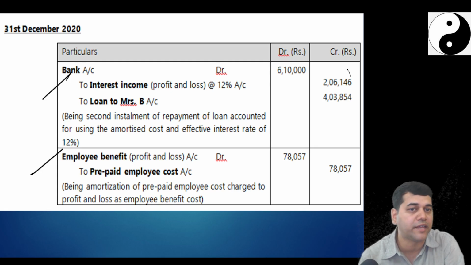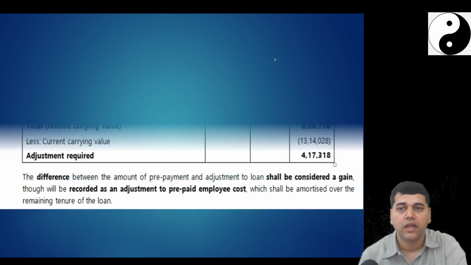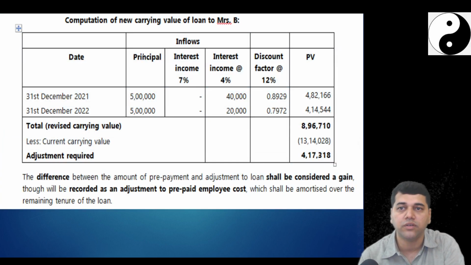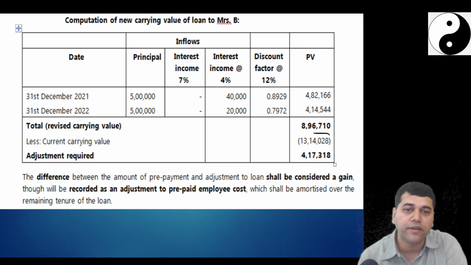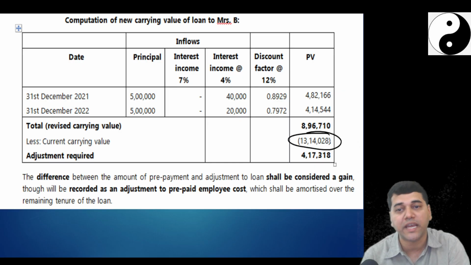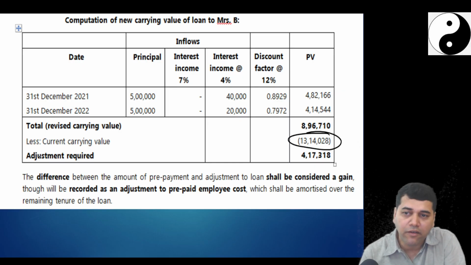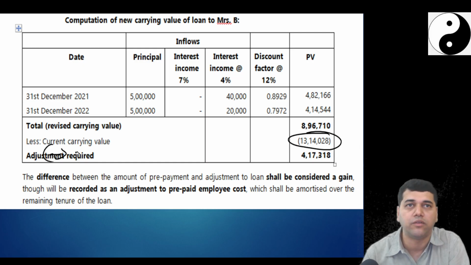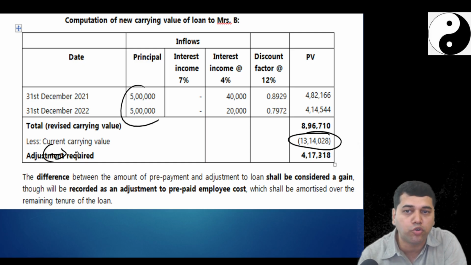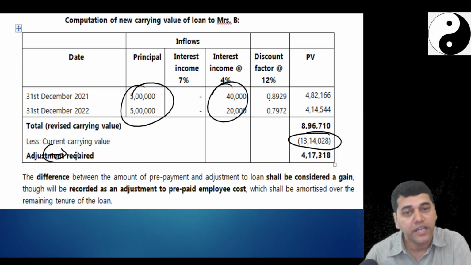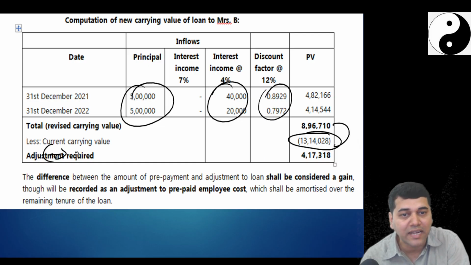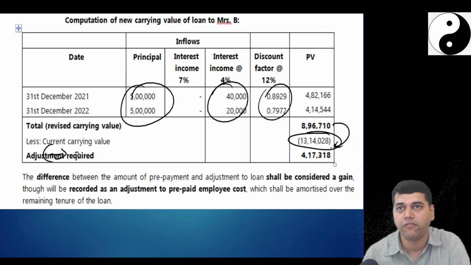This value I will take from the schedule, and then I find the new carrying value. My current value is 13 lakh. What is my new carrying value? These are changes in the format. I have done current value minus new value, which is nothing but the present value. These are the 2 cash flows into present value factors. So 8,96,000 will be at the bottom of my format.